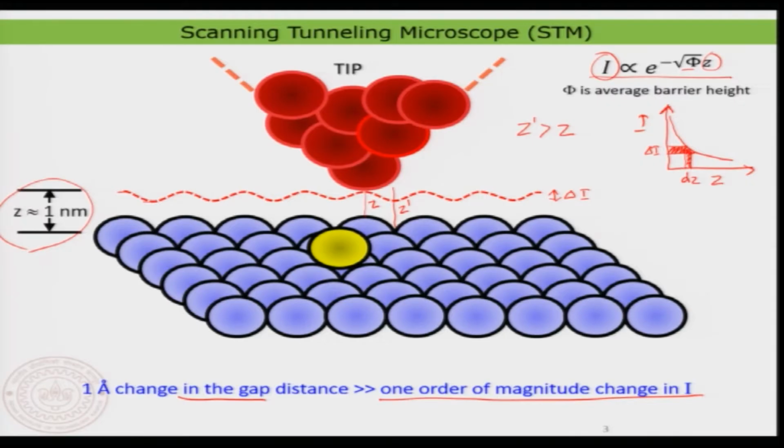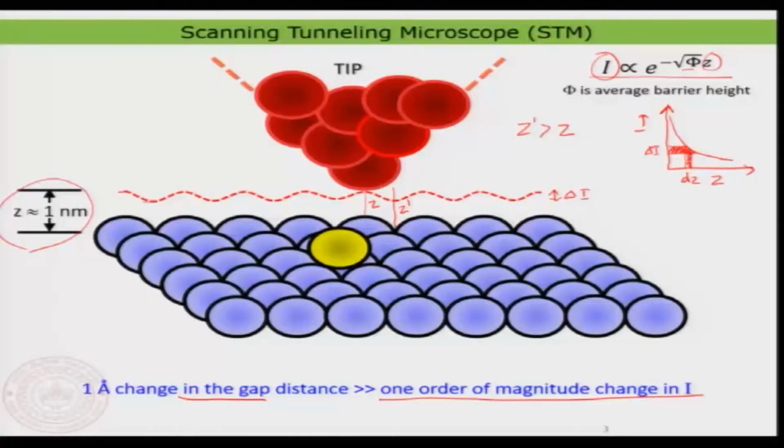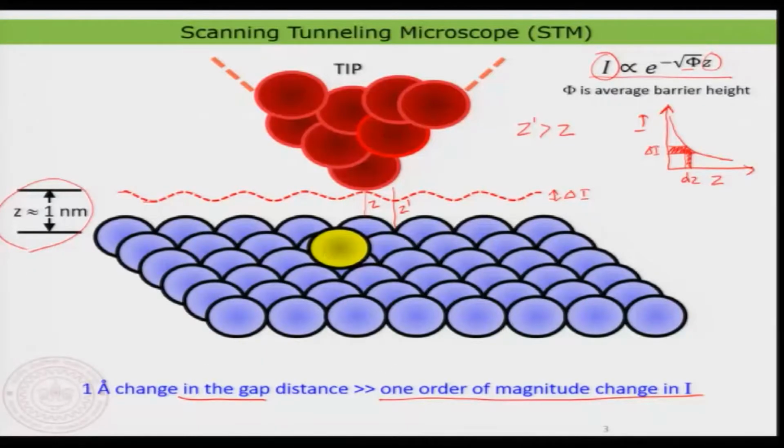Now, you can do the scanning. You have now moved the tip along one line. So now you can move the tip to the next line, scan, move to another line, scan, and you can make many line scans. And as soon as your tip reaches the top of the adatom, you would directly find that there is a strong change in the distance, because the tip will be meeting the atom in very close proximity.